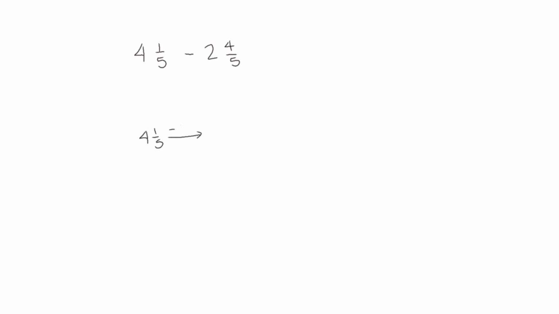We're going to subtract the whole number 2, leaving us with 2 and 1/5. Then we're going to think of 2 as 10/5. 5/5 plus 5/5, 10/5 plus 1/5. So this is the same as 11/5. We can now subtract 4/5, leaving ourselves with 7/5, which is the same as 1 and 2/5.